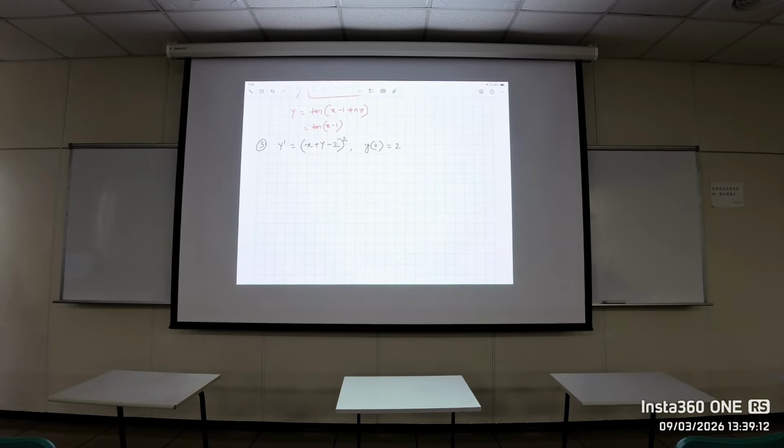This one looks a little tricky. So it is y dash is equal to x plus y minus 2 whole square. So what we can do is, let's assume x plus y minus 2 is equal to m. That implies your y is equal to m minus x plus 2.